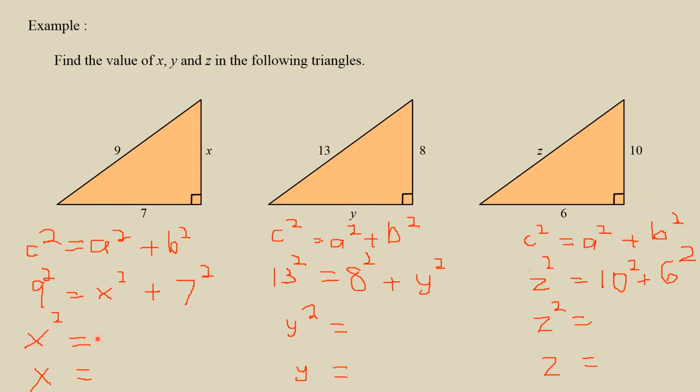Then we solve it to find x squared. So the answer is 81 minus 49, which is 32. So x equals 5.657.